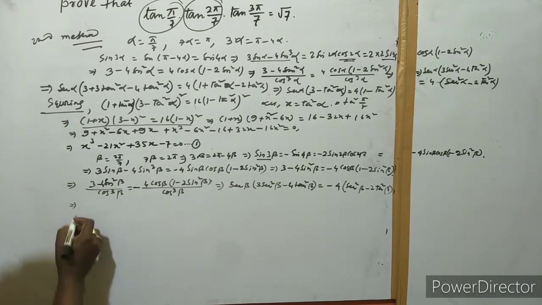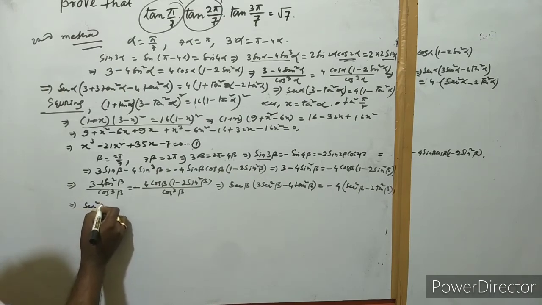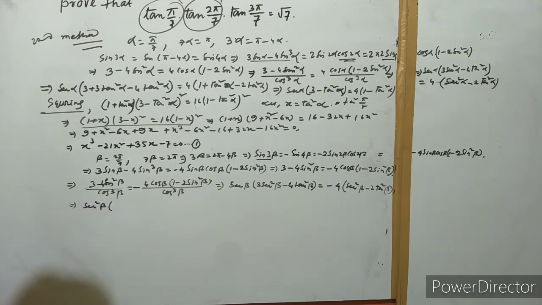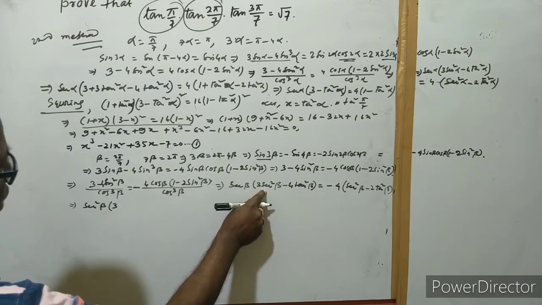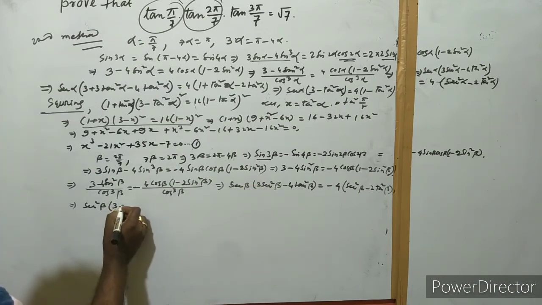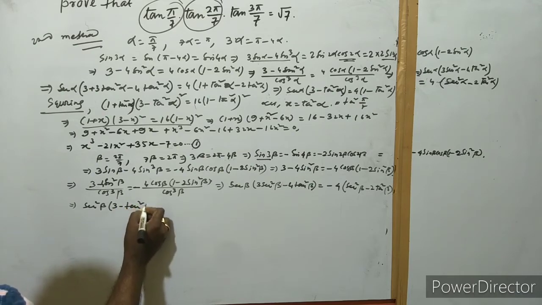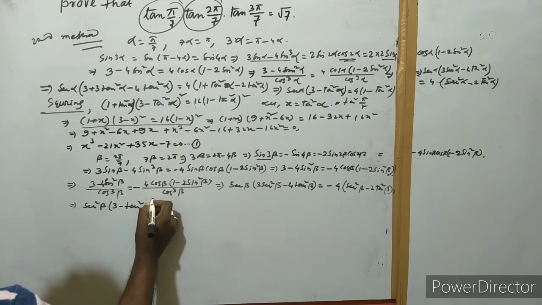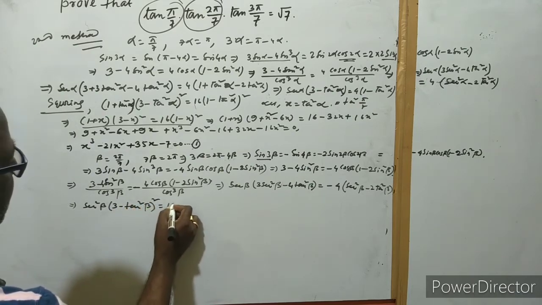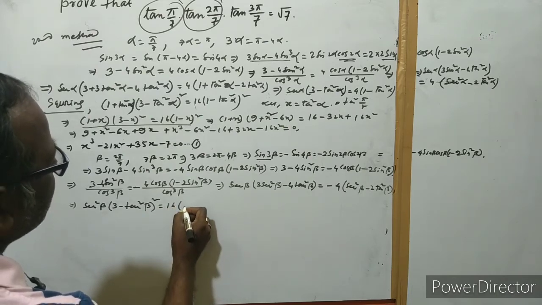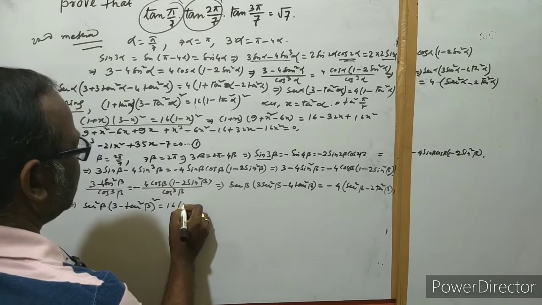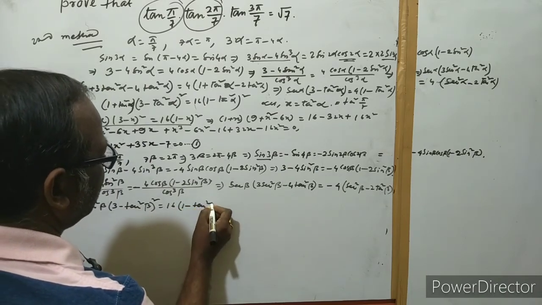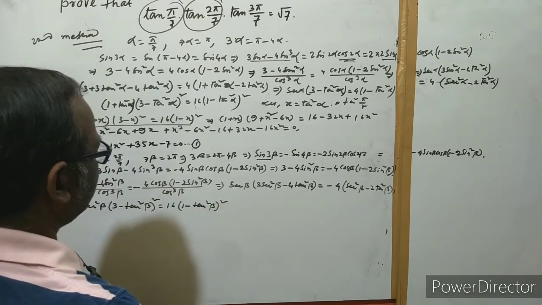See, here we can replace sec square beta with 1 plus tan square beta, and squaring both sides, this is 3 times (1 plus tan square beta) minus 4 tan square beta, so 3 minus tan square beta. Okay, and squaring that, we get 16 times, and also we can write sec square as 1 plus tan square, so that is 1 minus tan square beta, squaring both sides, so you get this.